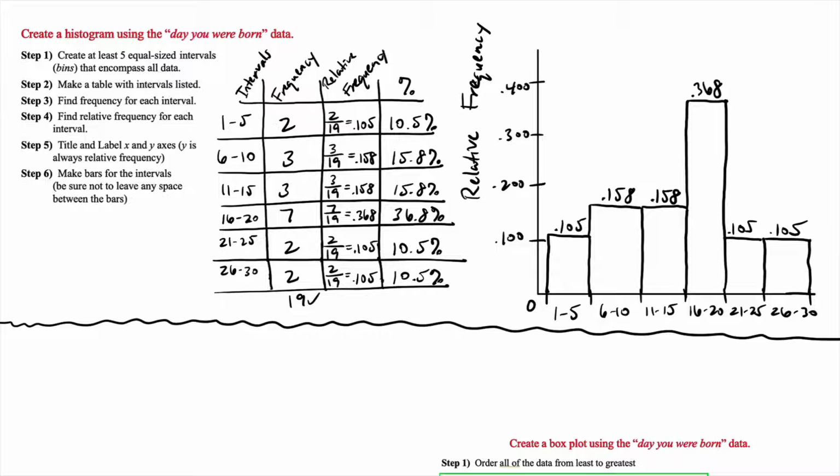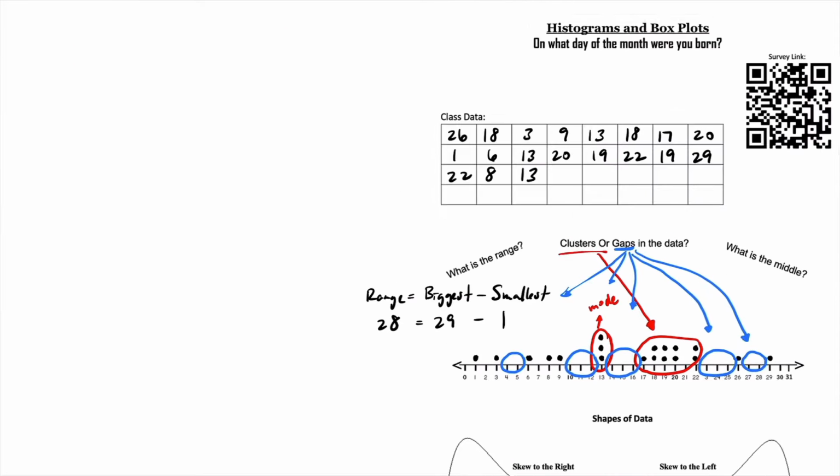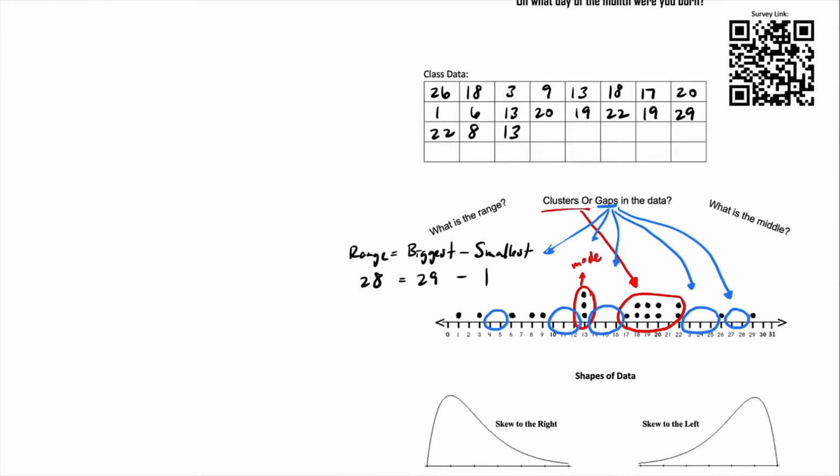For example, 1 is the first, so I'm going to write 1. 3 is the next one, so I'm going to put 1, comma, 3, comma, and I'm going to keep going until I have all 19 numbers written down. It's easy, but it takes a little bit of time. So I'll give you some time.